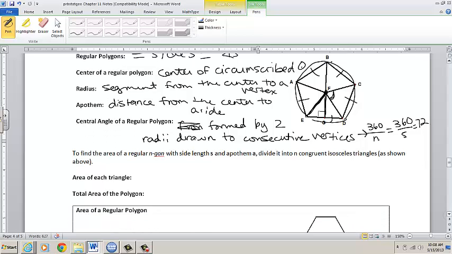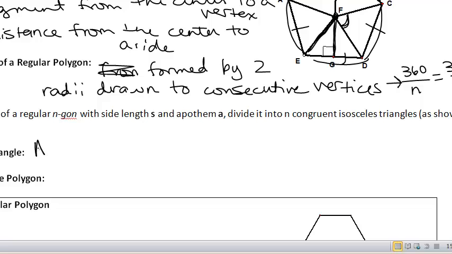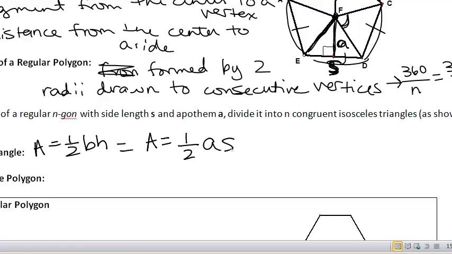Okay, so if we look at our shape and we want to find the area, we've divided it up into 5 congruent triangles already. So if we wanted to find the area of each triangle, we would do 1/2 base times height. If we call the base of each triangle S for side of the pentagon, and the height of each triangle A for apothem, then the formula for one triangle becomes 1/2 apothem times side length, A times S. So the total area would be that triangle multiplied by however many you have.